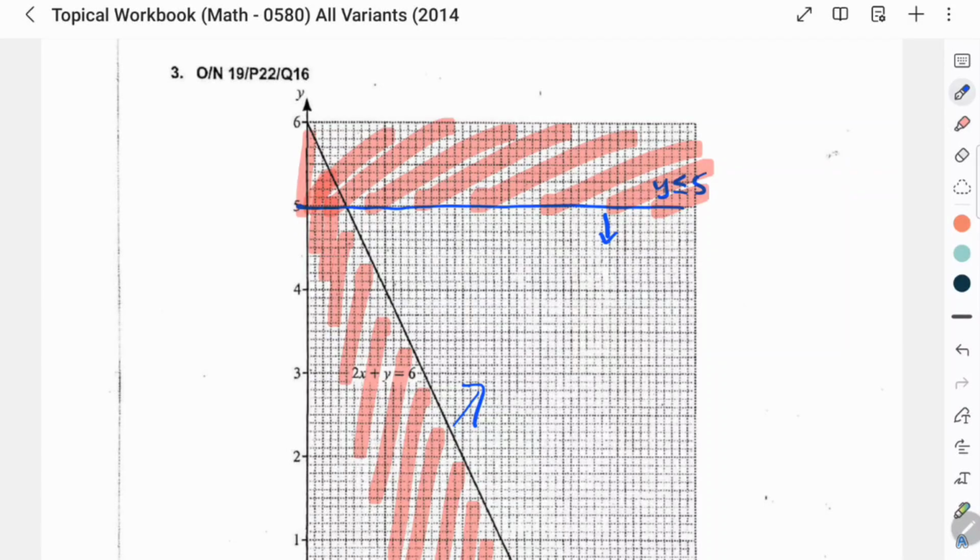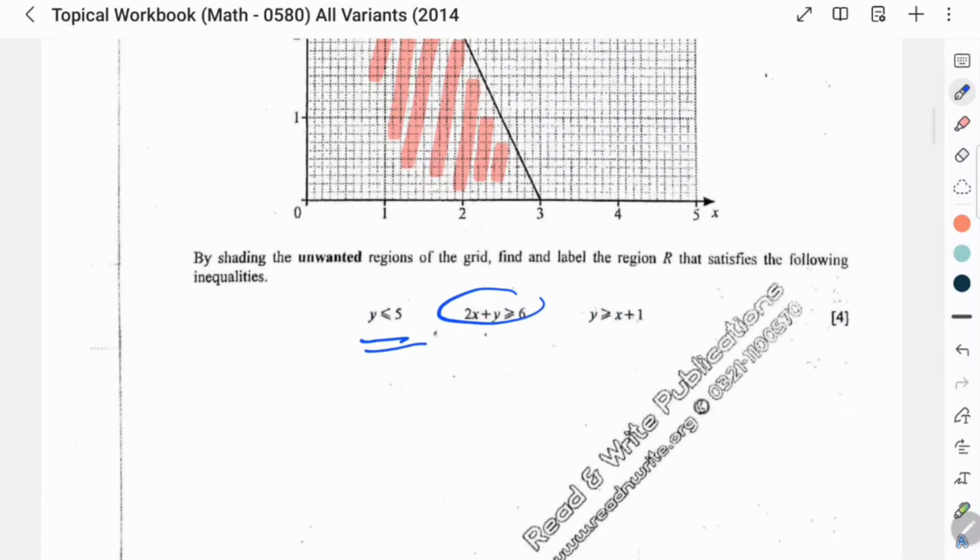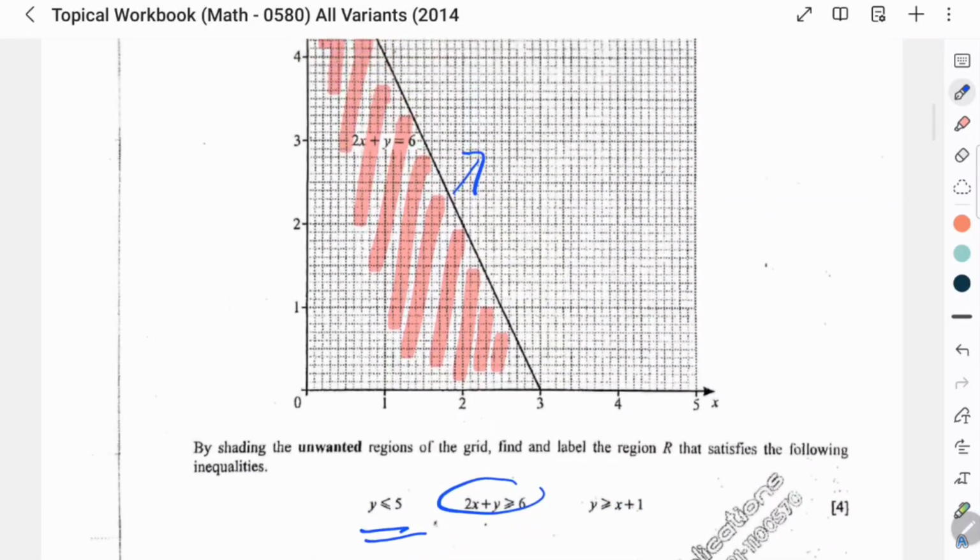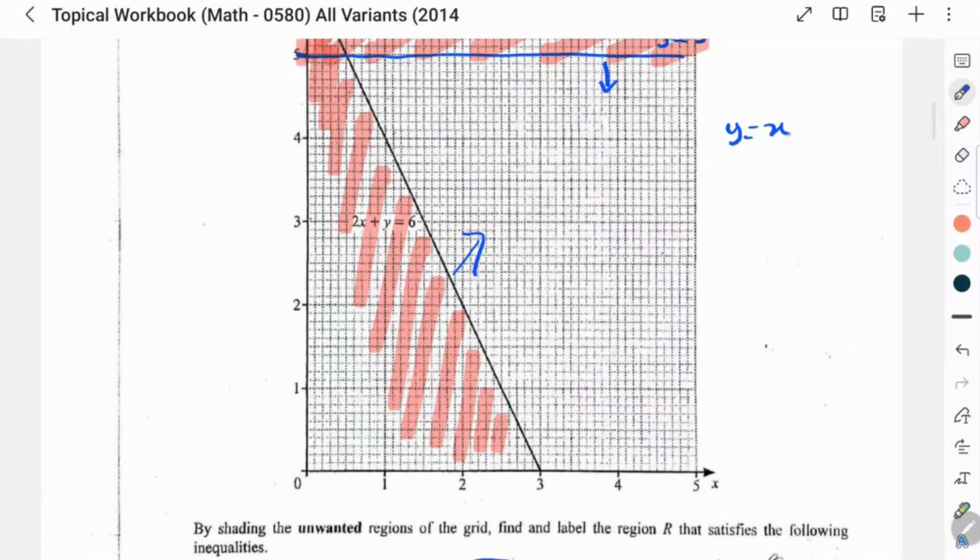Now the next one is y is greater than equals to x plus 1. So y is equals to x plus 1. You are going to choose some coordinates x and y. Our work is starting from 0 to 5, and we cannot take 10 or 8 because x is not available as 10 and 8. So we can take either 0, 1, 2, 3, 4, 5, only these numbers.